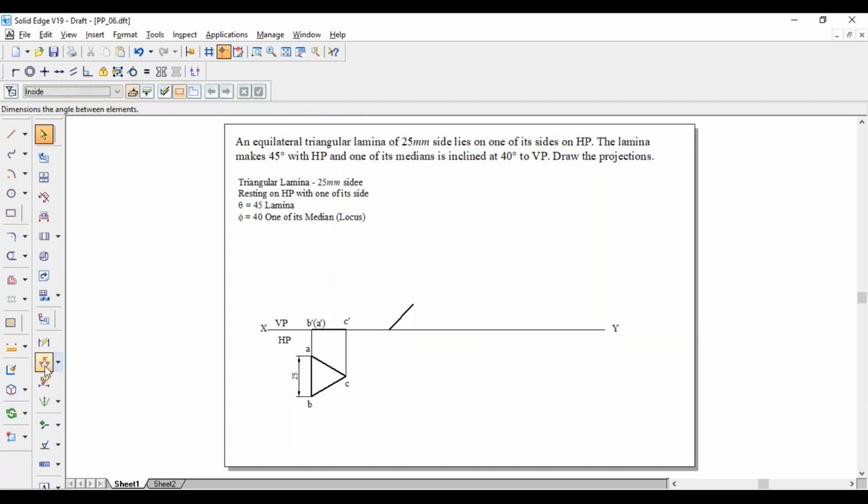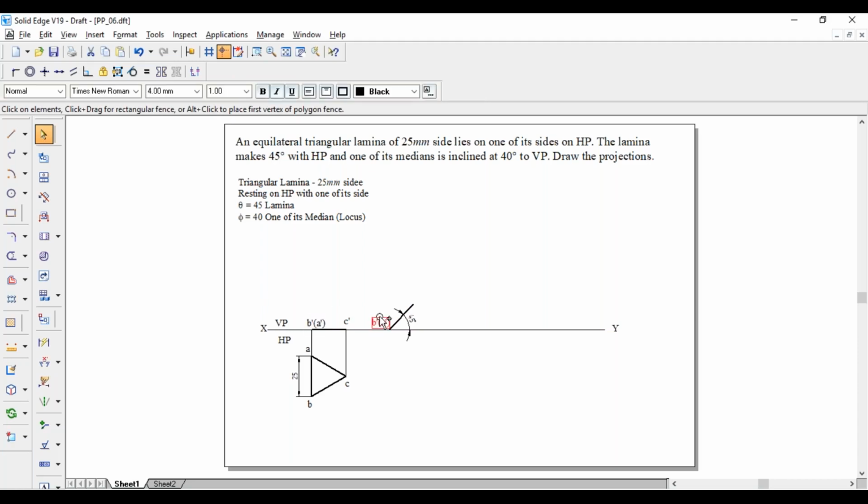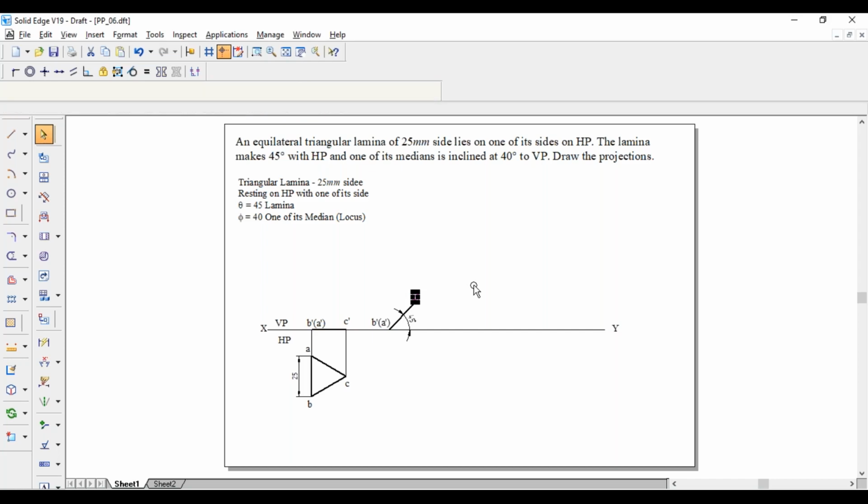The length of this line is the same as this one. So this will be B dash A dash, that has to be on the XY line, and C dash above that one, because it is resting on a side, which means the side has to come on the XY line.